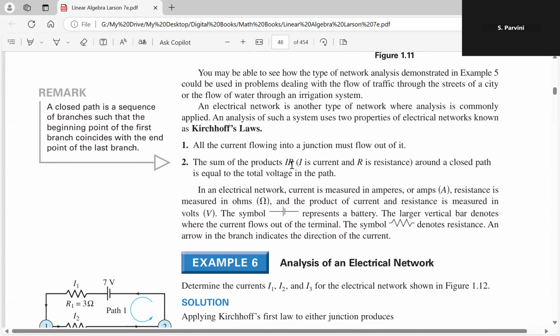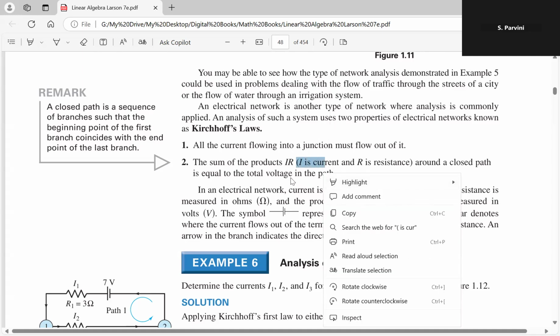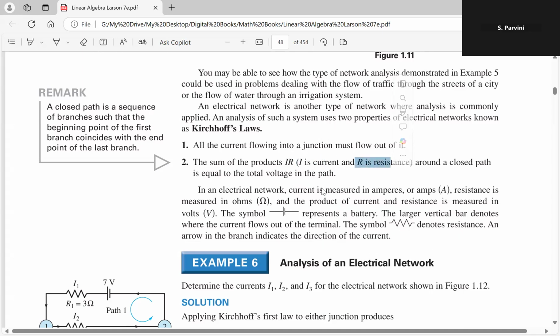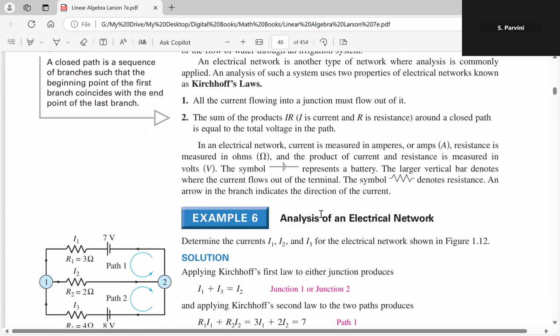That's the relationship between voltage, the current, and R is the resistance. The voltage is current times resistance around the closed path. The sum of these voltages equals the total voltage in the path. Okay. So there you have it.